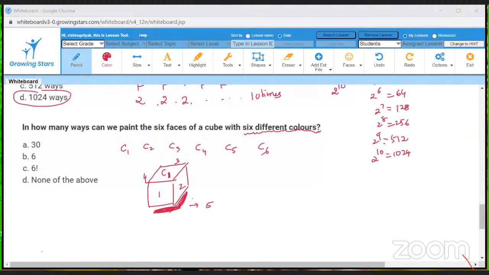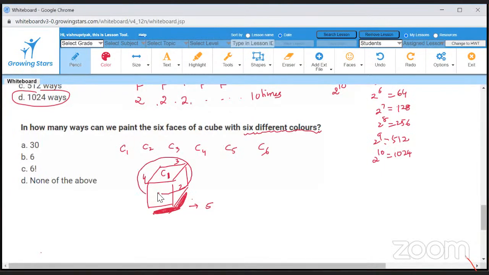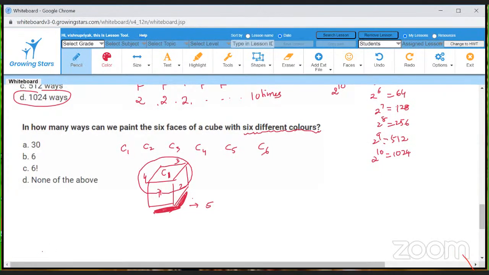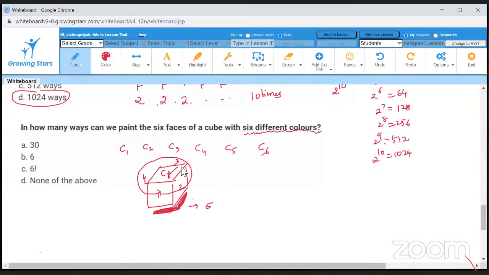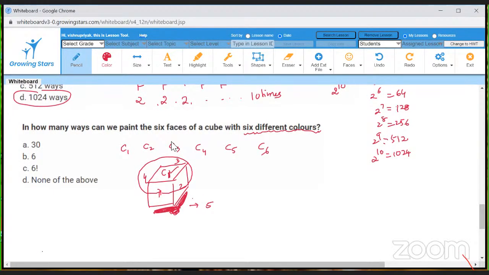Now, the 4 faces on the horizontal side of the cube are in circular permutation. These 4 faces, 1, 2, 3, 4, are forming a circular permutation. We have used color 1 and another color here, say color 2.